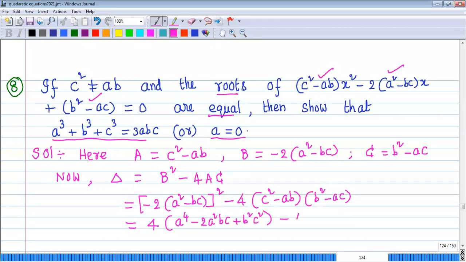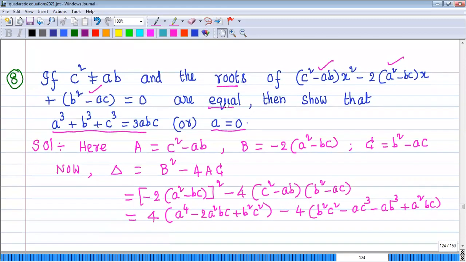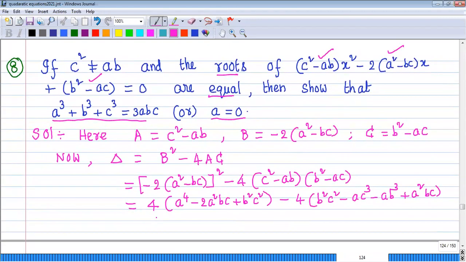And minus 4 times, just open the brackets of these two: b square c square minus ac cube minus ab cube, minus into minus plus a square bc. From these two, let us take out 4 common.